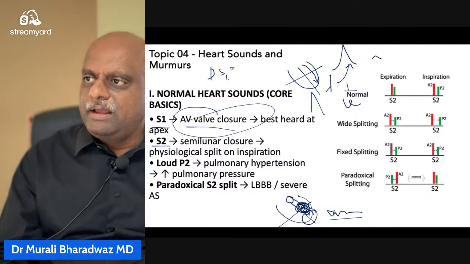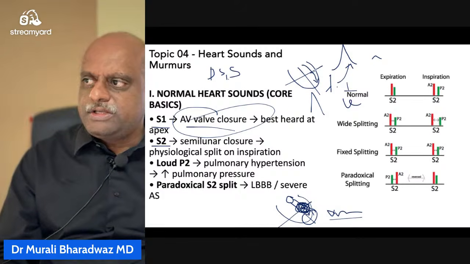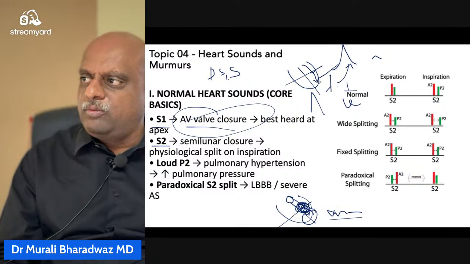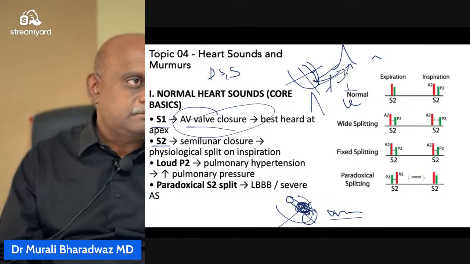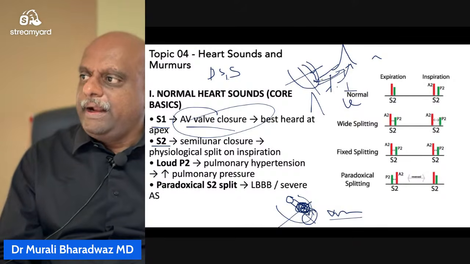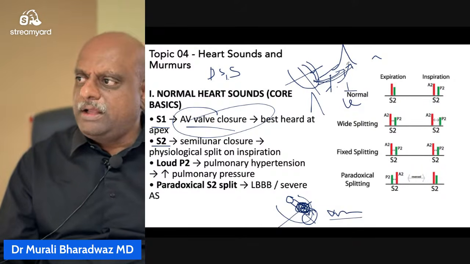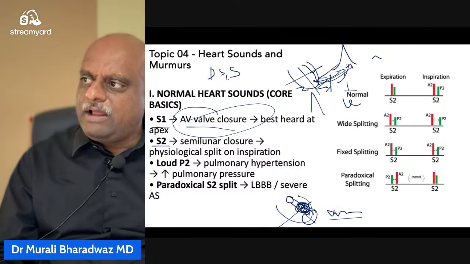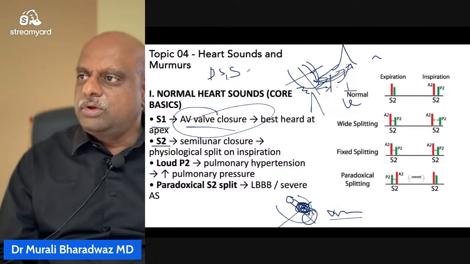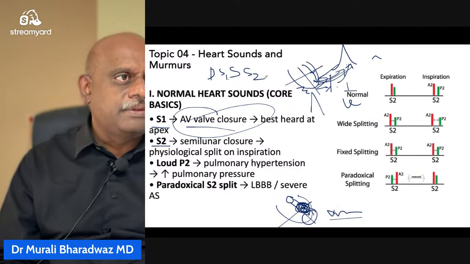Then systole starts. The aortic valve will open and blood will move into the aorta. At the end of the systole, after all blood is ejected into the aorta, the aortic valve and pulmonic valve will close. So you get the second sound.